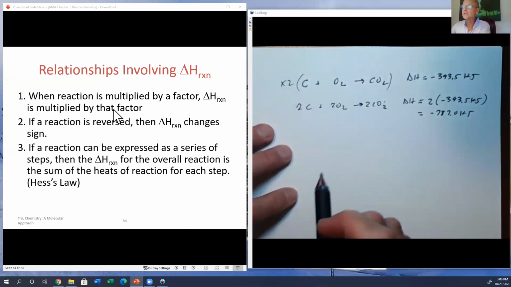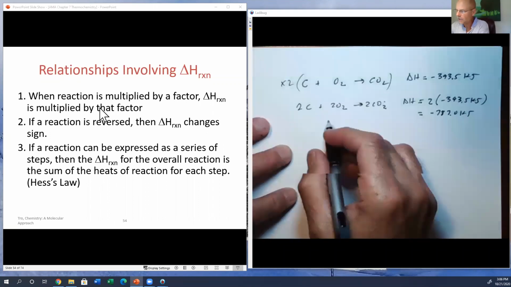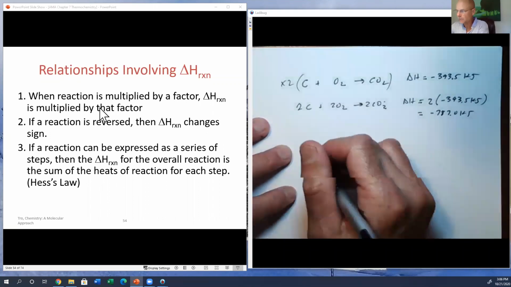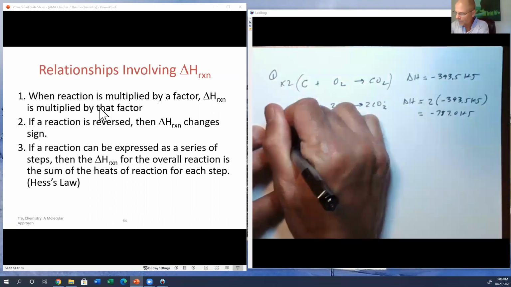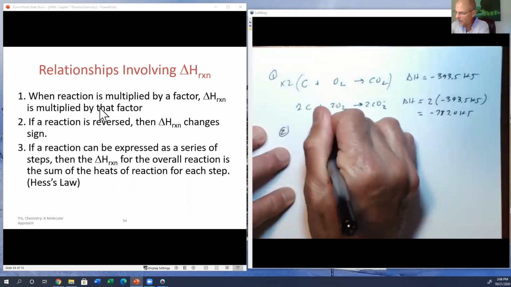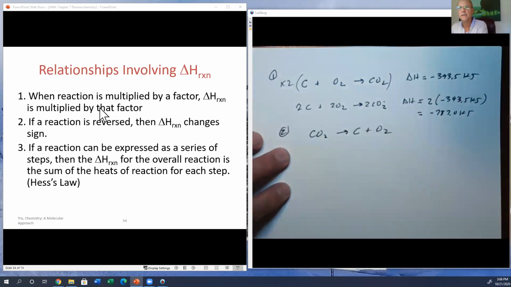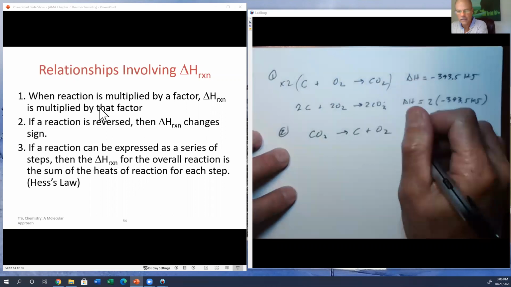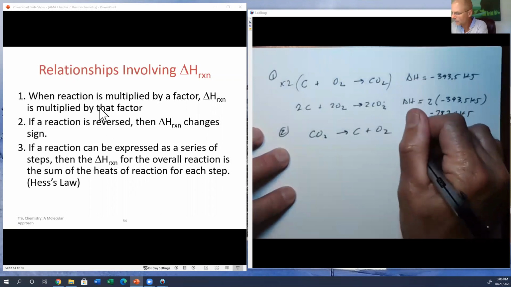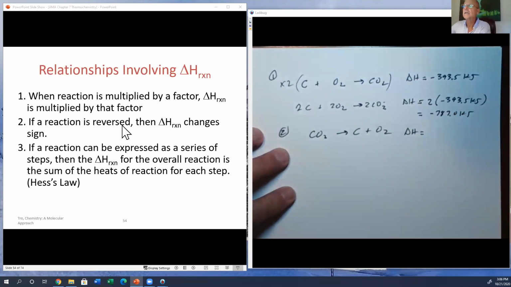Okay, so if you have a reaction and you multiply by a factor, you multiply delta H by that same factor. If you have a reaction and you know delta H for that reaction and you reverse the reaction, for example, if I have CO2 goes to C plus O2 instead, then delta H for that reaction is just equal to delta H for the forward reaction with the sign changed.